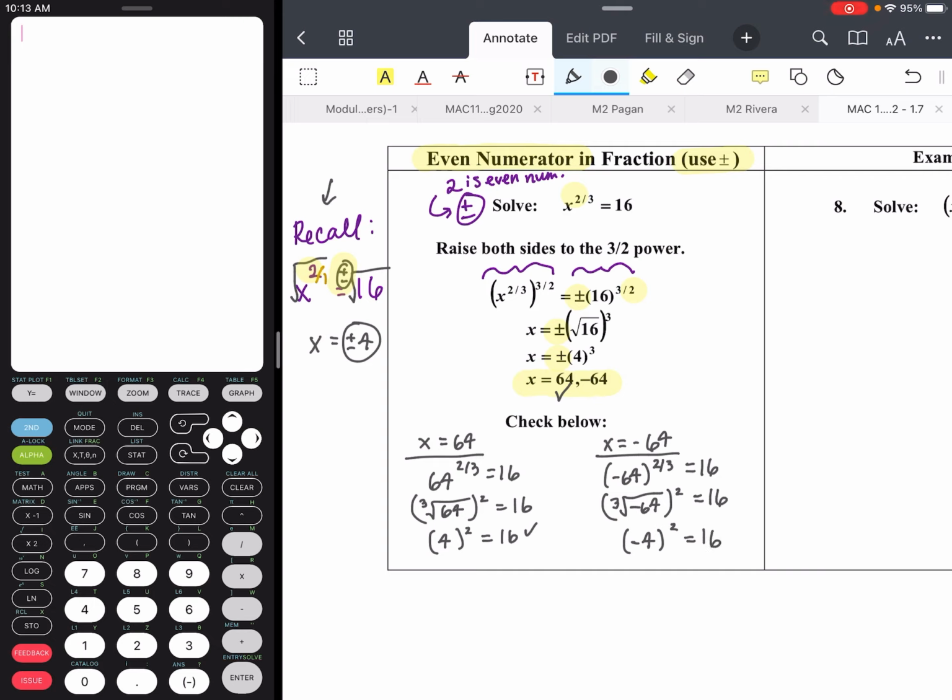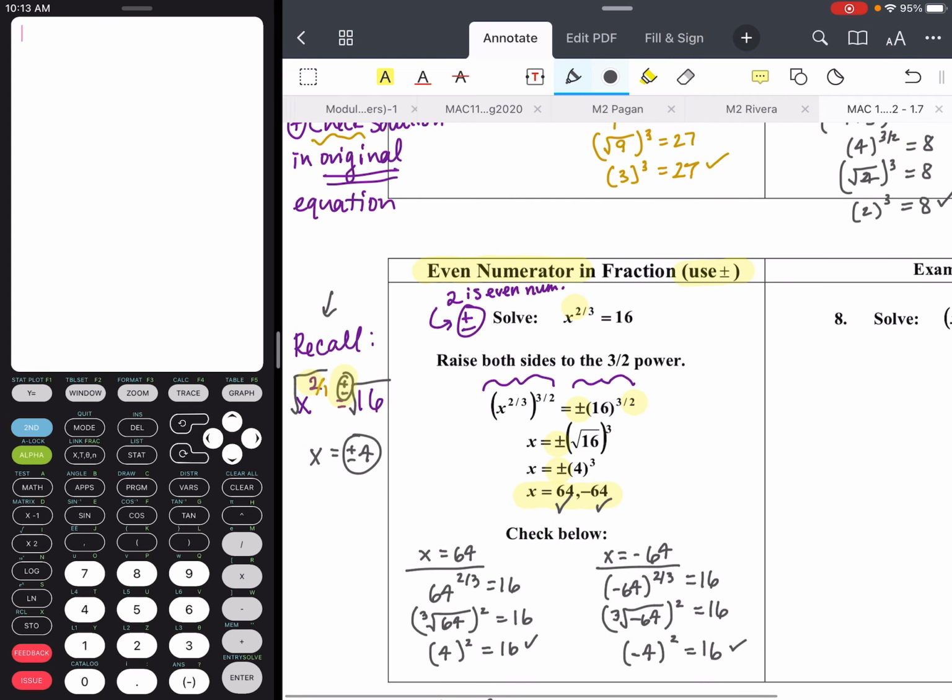Remember that positive 4 cubed equals positive 64. Negative 4 cubed would equal negative 64. So the reverse is true. The cube root of negative 64 gives me that base of negative 4. And then if I have negative 4 in parentheses and square it, I get my positive 16. So negative 64 works as well.